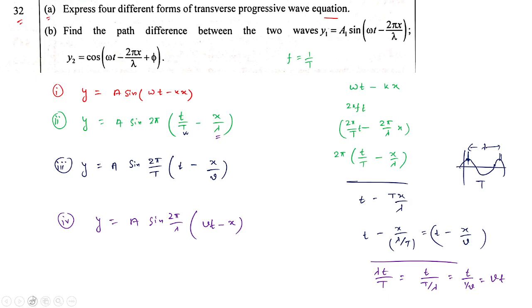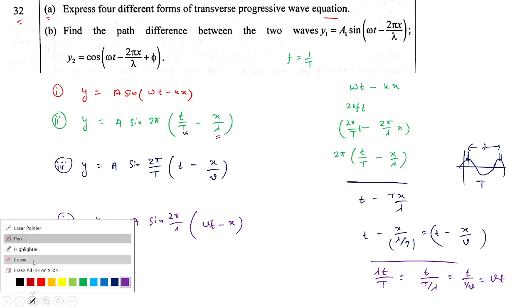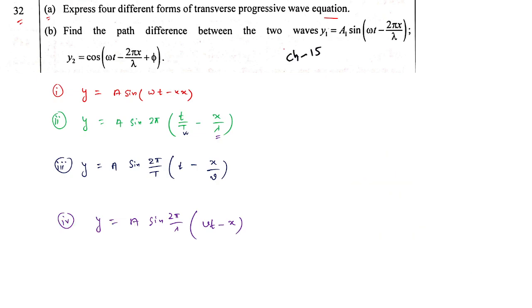Now question number B. Find the path difference between the two waves, y1 equals this, y2 equals this. You know the formula for the relation between path difference and phase difference: phase difference = 2π/λ × path difference.